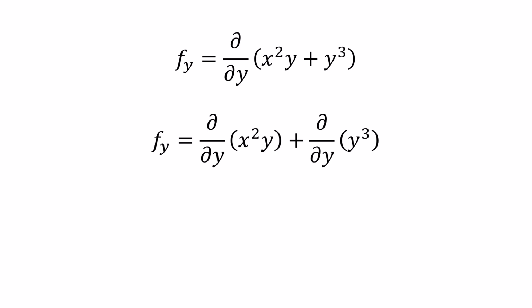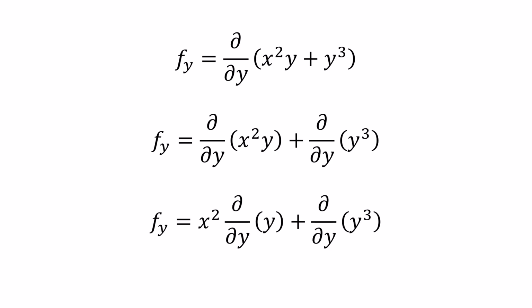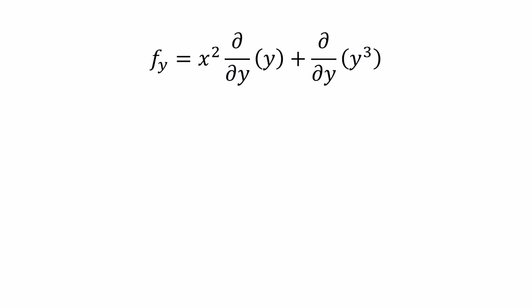Applying the constant multiple rule then gives f_y = x² d/dy of y + d/dy of y³.